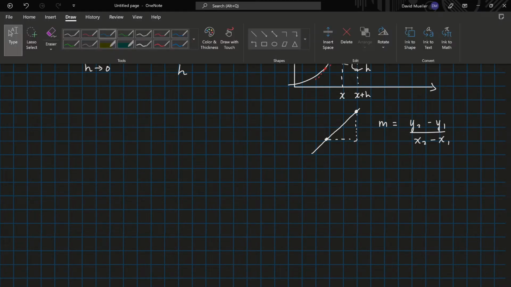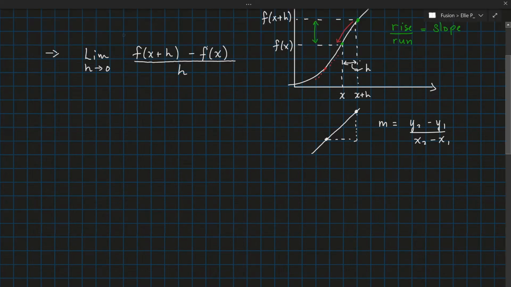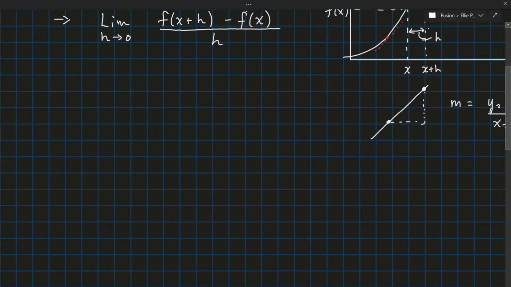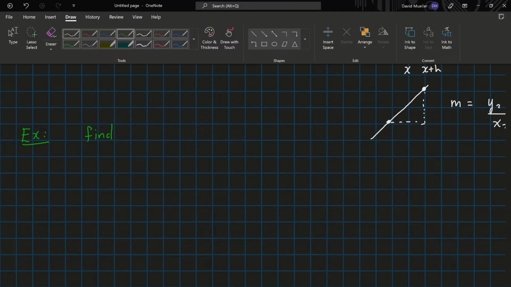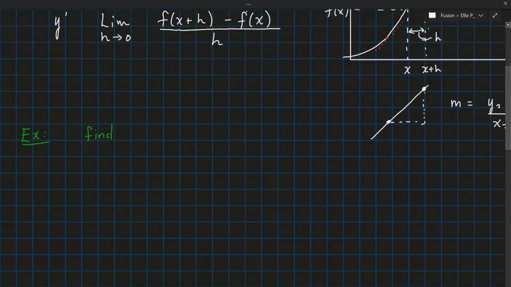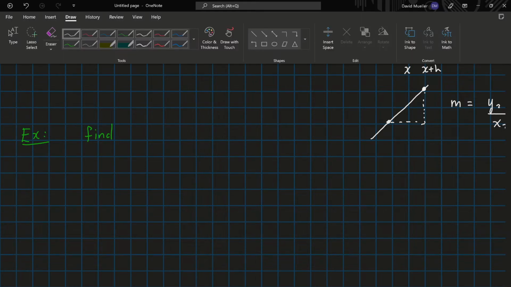And so let's do an example. Let's find the derivative. I forget how they define this in the books, but I think they usually say y prime or dy dx, but they're the same thing. It's the derivative.